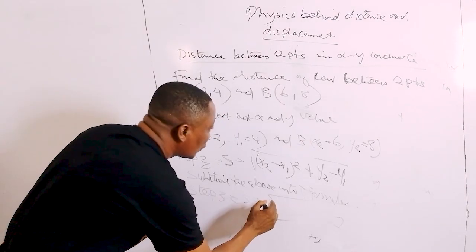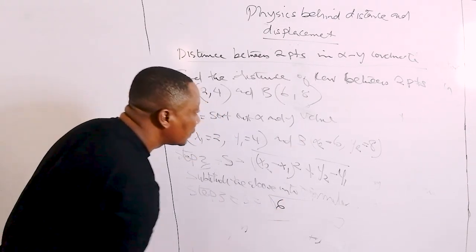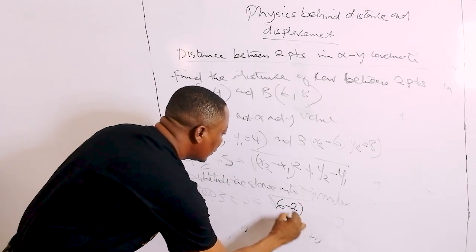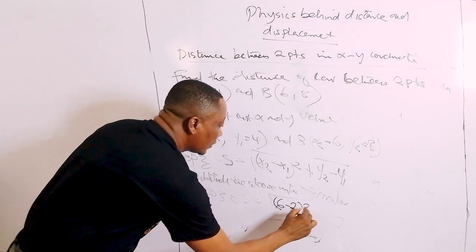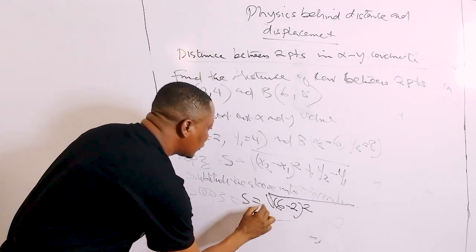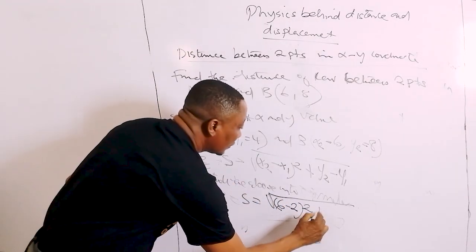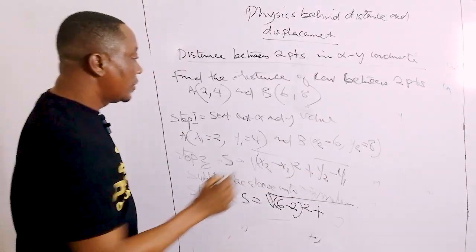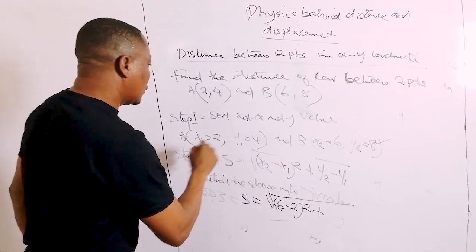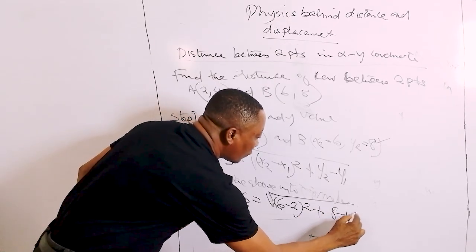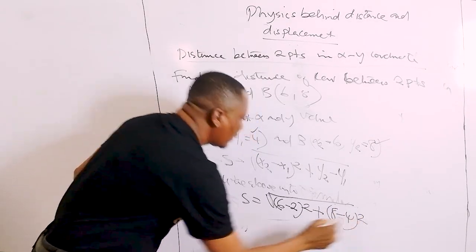Where do we have x2? x2 is 6. Plus, what is the next thing? y2 minus y1. This is y2 and this is y1. You now say 8 minus 4, squared.